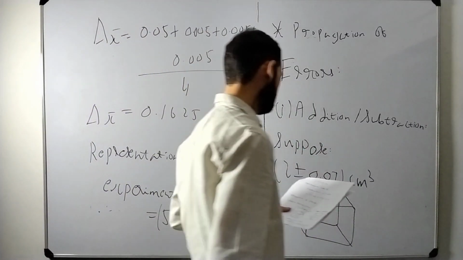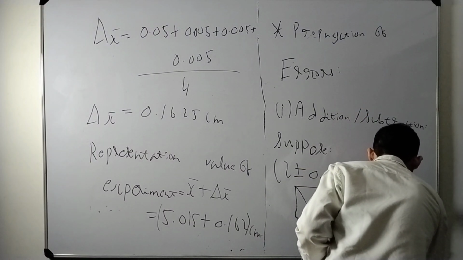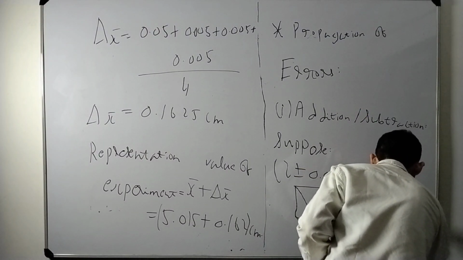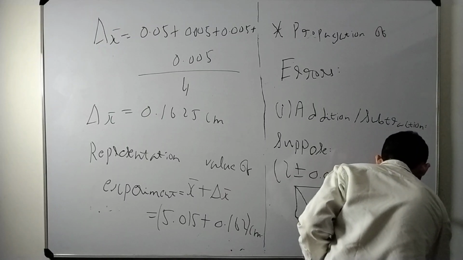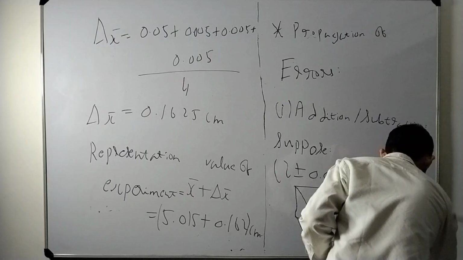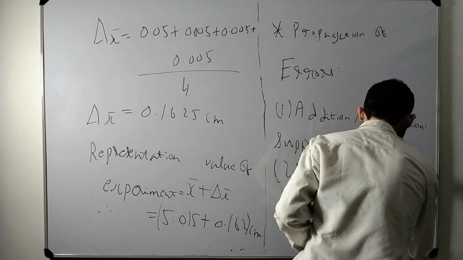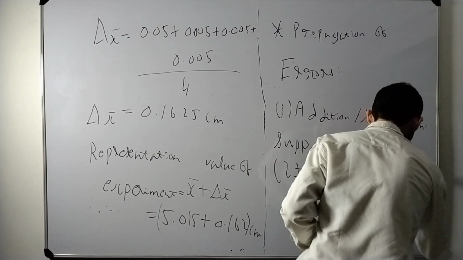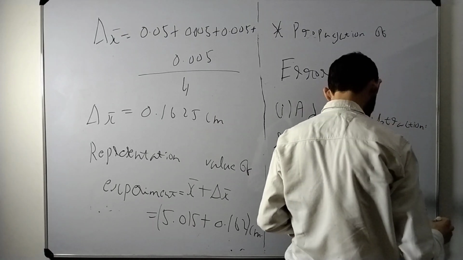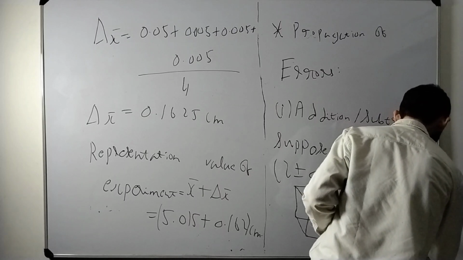One cube is this, and other cube is this, and this value is 4.04 centimeter cube.